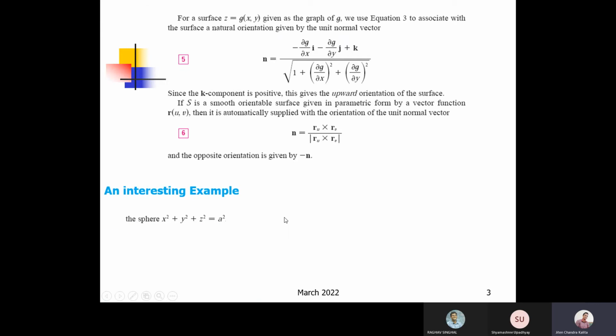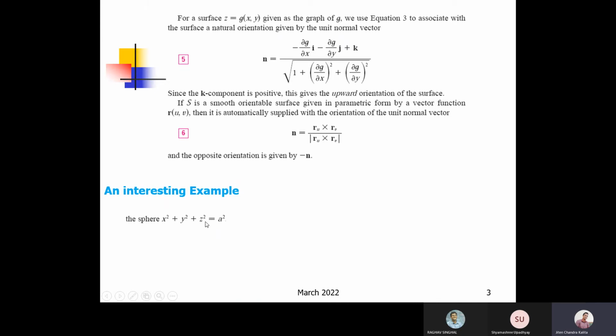And here in this particular example, because you already know Ru cross Rv, if you work this out, you will find that this is nothing but a vector in the direction of the radius.